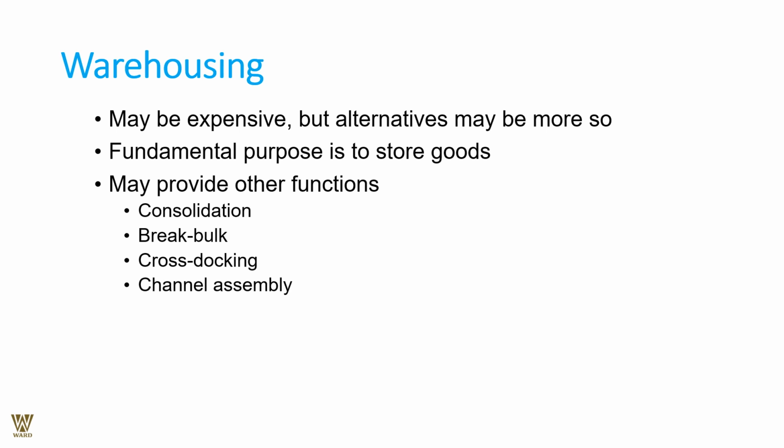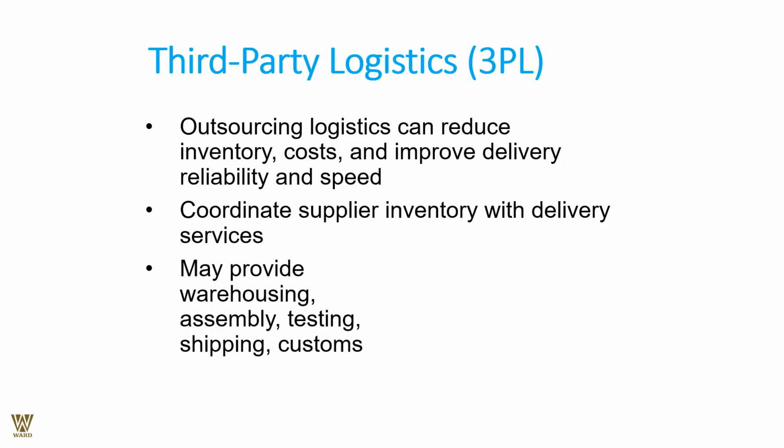Break bulk is where a huge consignment is broken up into smaller consignments and delivered to different destinations altogether, or the other way around, smaller consignments being assimilated into a bulkier consignment and then moved to a different destination. So this is where warehouses can help us in consolidation, break bulk, cross docking, and assembly.